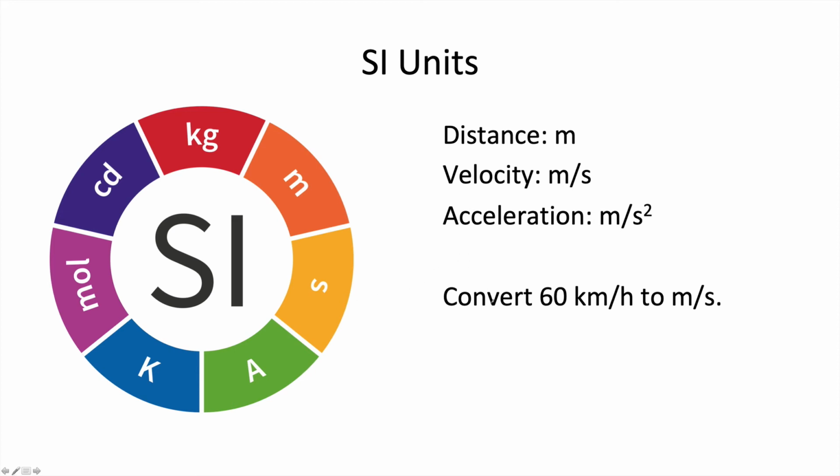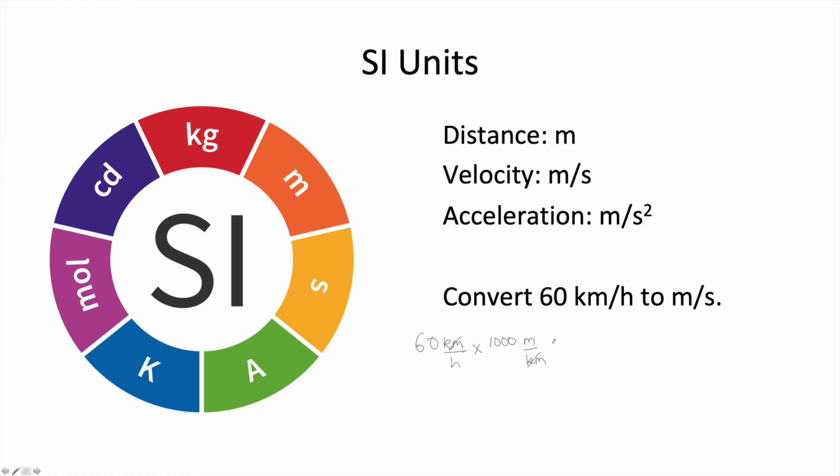Okay, so if we want to convert something like 60 kilometers per hour into meters per second, we can write 60 kilometers per hour. And now we want to get it into meters. So if we multiply this by 1,000 meters in a kilometer, you can see we've got a kilometer in the numerator and a kilometer in the denominator, so those are going to cancel each other out, which will be nice. Now we will also want to get rid of the hours.